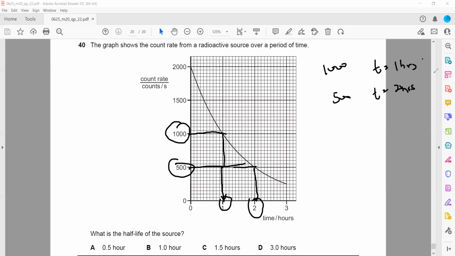So what is the time interval when it becomes half of its original value? That is 1 hour, because when the count is 1000, the time was 1 hour, and when it is 500, the time is 2 hours. So the time interval is called a half-life. It took about 1 hour to become half of its original value. So B is the right answer.